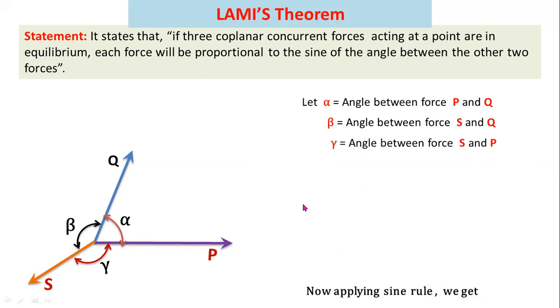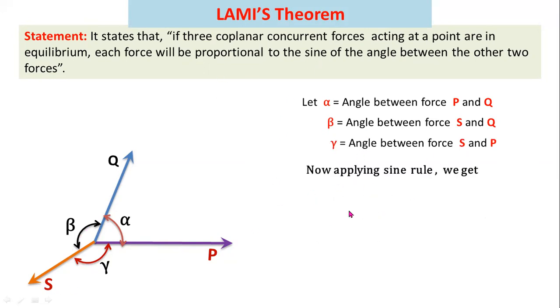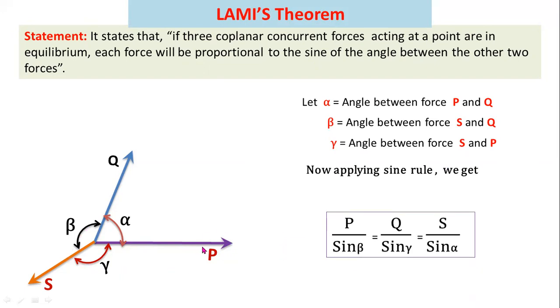So from the sine rule, you can observe force divided by sine of the angle between the other two forces. Here P is the force divided by sine of the angle between the other two forces. The angle between the other two forces is beta, so P by sine beta. In a similar way, for force Q, the angle between the other two forces is gamma, so Q divided by sine gamma.